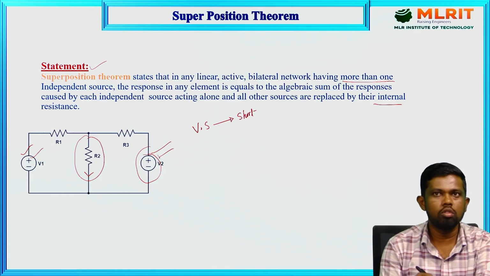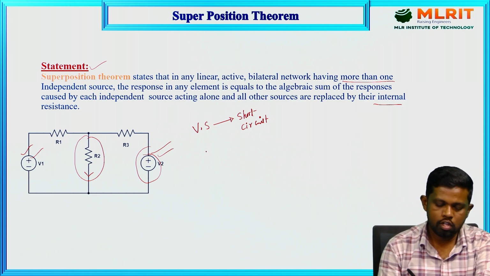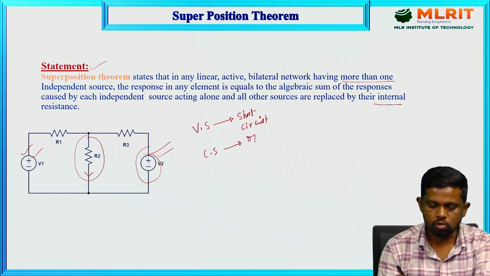And if the energy source is a current source, we can simply replace it by an open circuit.